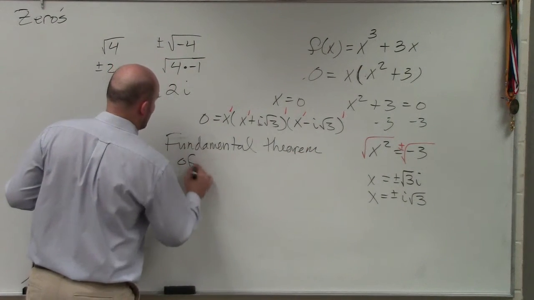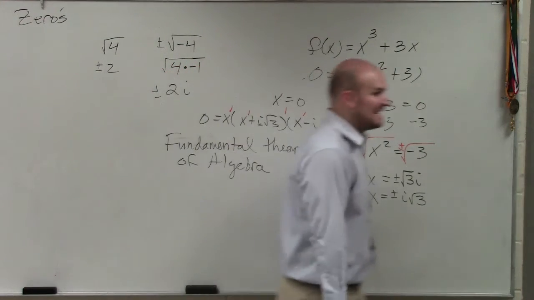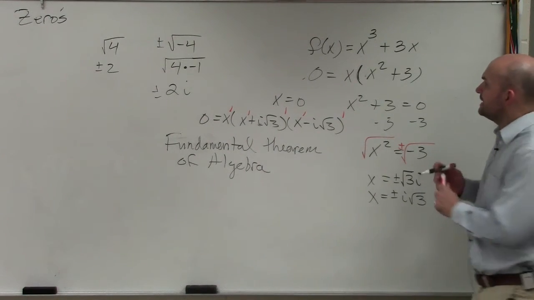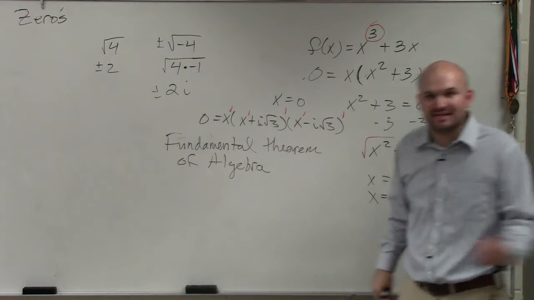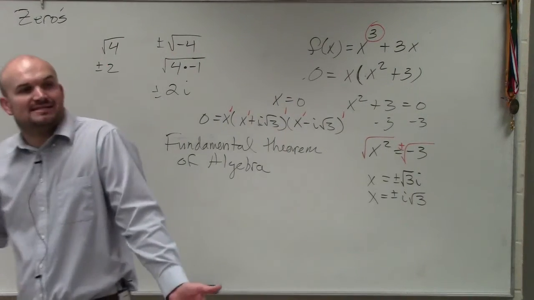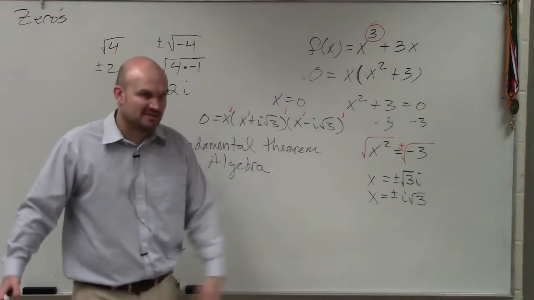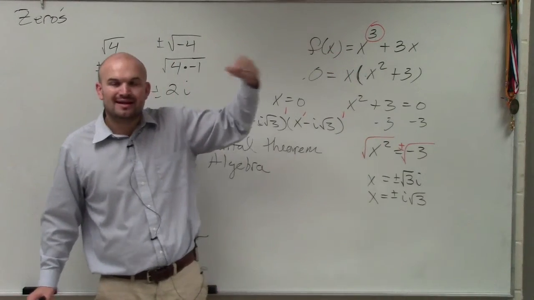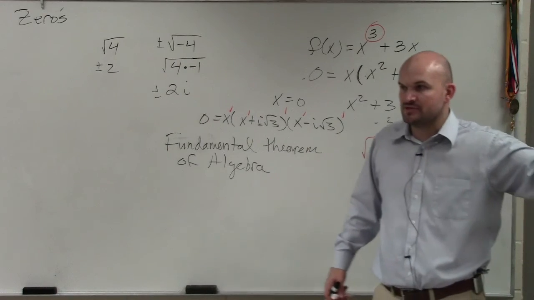What the fundamental theorem of algebra states, which is very, very important, is that the degree of a function has that many zeros. That's the basics of it. The degree of that function has that many zeros, or x-intercepts, or solutions, and so forth. So there's 3 solutions. However, that fundamental theorem of algebra does not tell you what type of zeros there are.